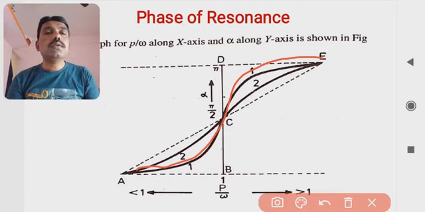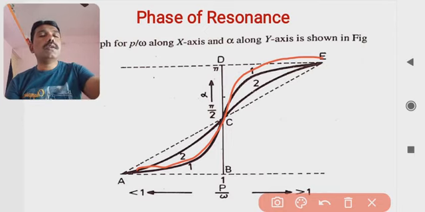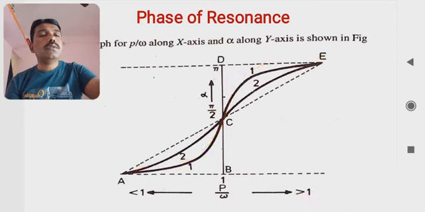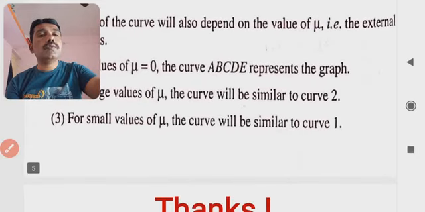So this is the relationship of mu with alpha, and this is how the relationships work.